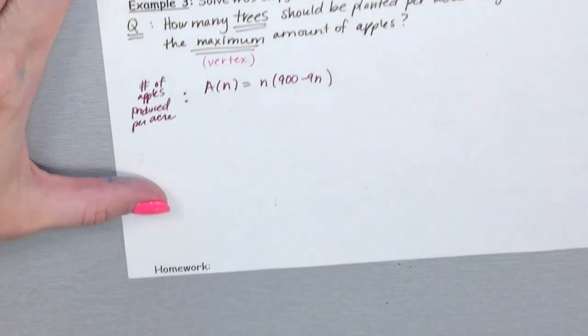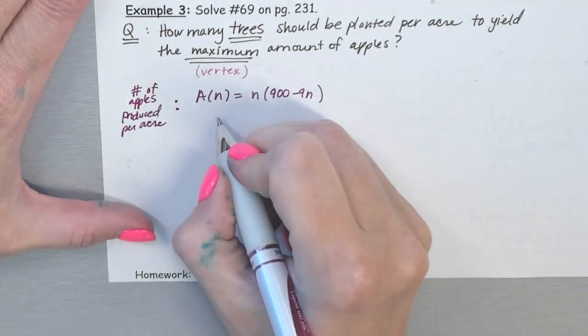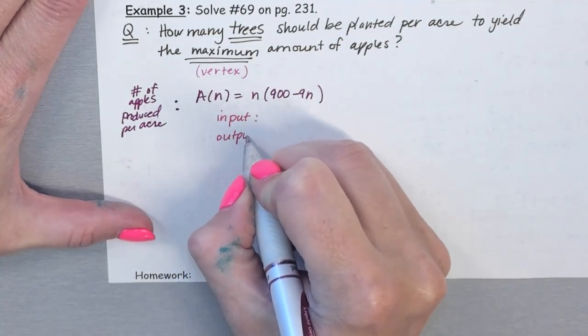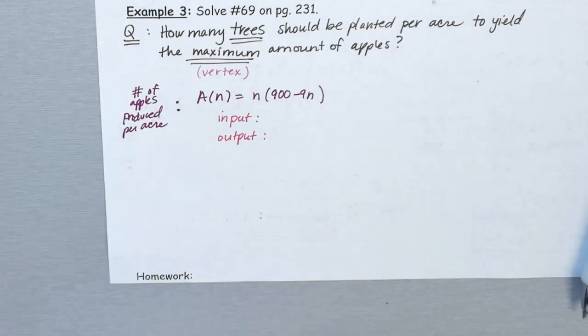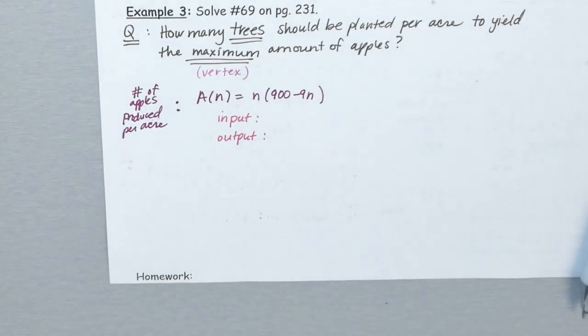Okay, that's what it's going to describe. And then from there, I want you to see if you can tell me what the input and the output are in this equation. Let's try to use some words and variables.